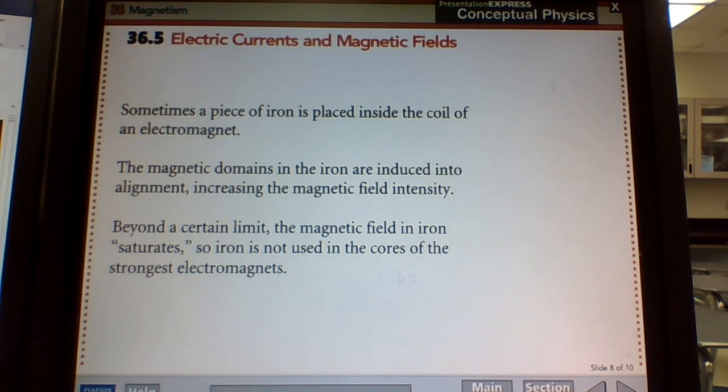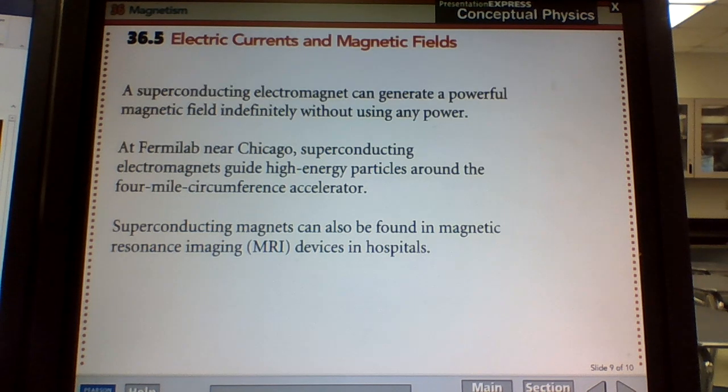But at a certain point, the iron sort of saturates with the maximum amount of magnetic field that it can hold. And so if we're going to make an electromagnet, generally the strongest electromagnets are not going to be made out of iron. We're going to make them out of something else.